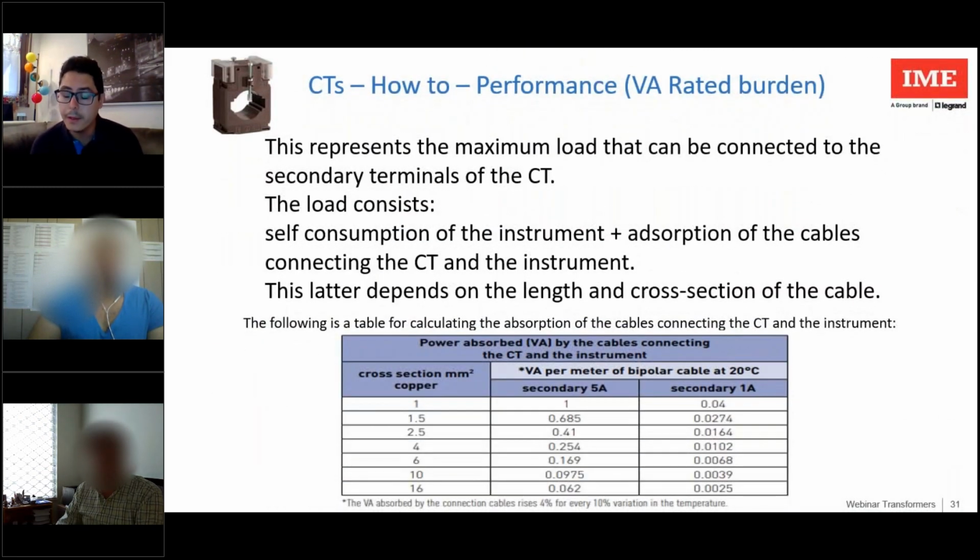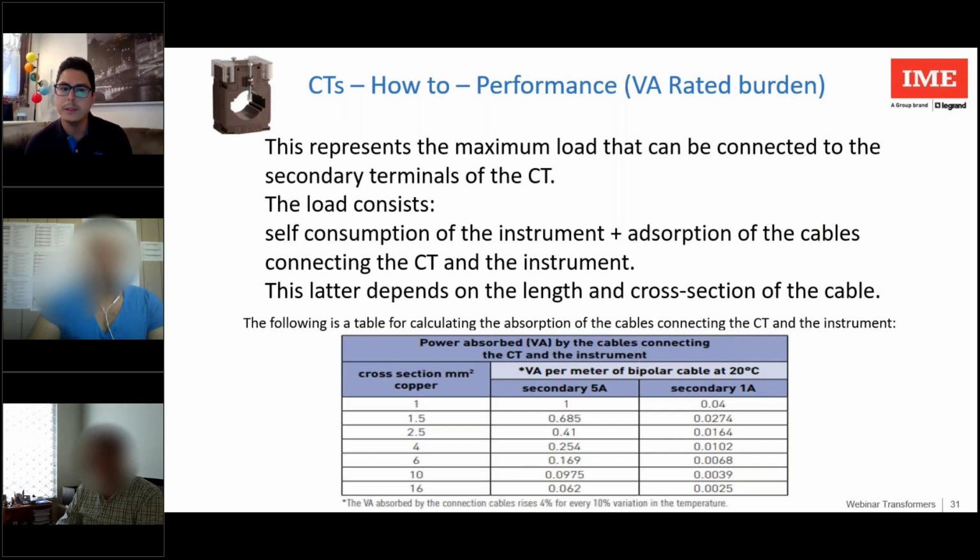The first step is to choose the performance, or the maximum rated burden, that can be generated by the current transformer. This represents the maximum load that can be connected to the secondary terminal of the current transformer.